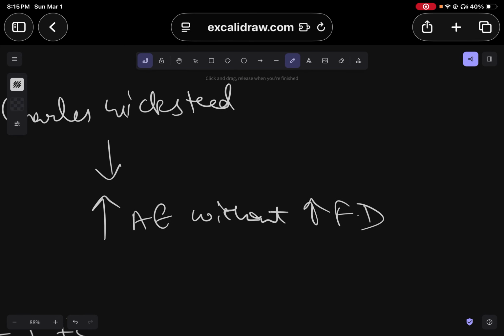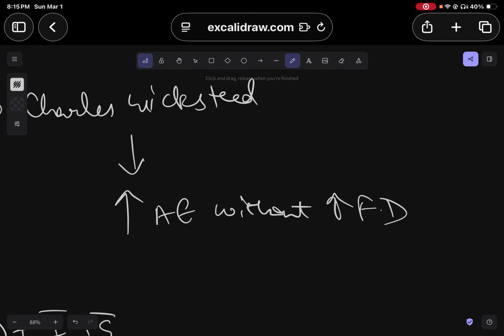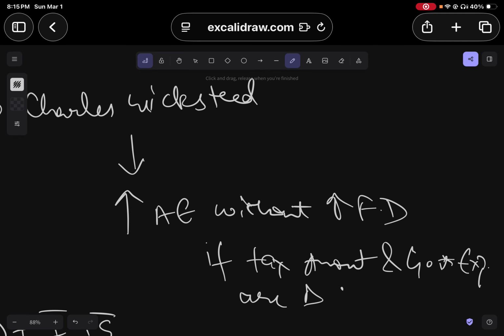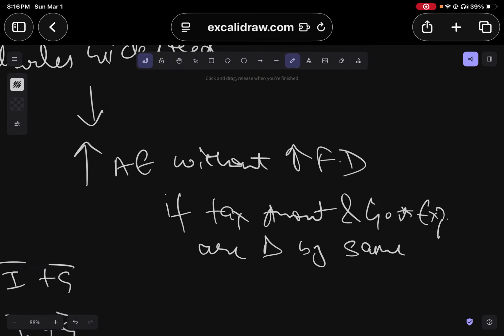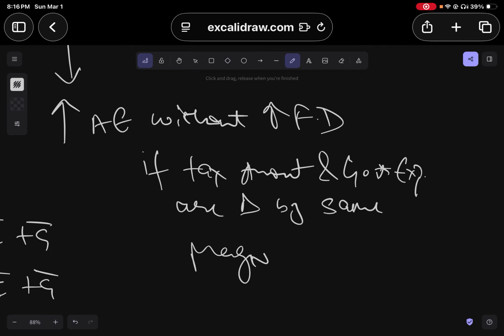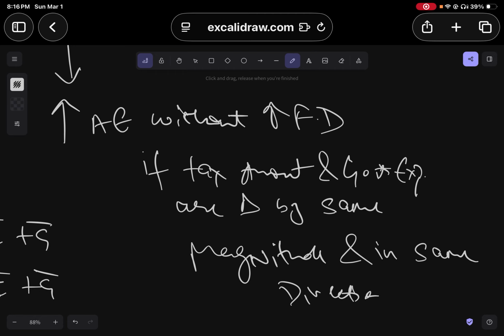By practicing balanced budget, it showed that if tax amount and government expenditure are changed by same magnitude and in same direction, then aggregate expenditure will increase by same amount as government expenditure.